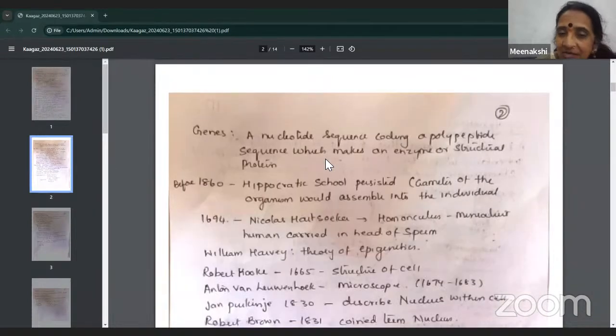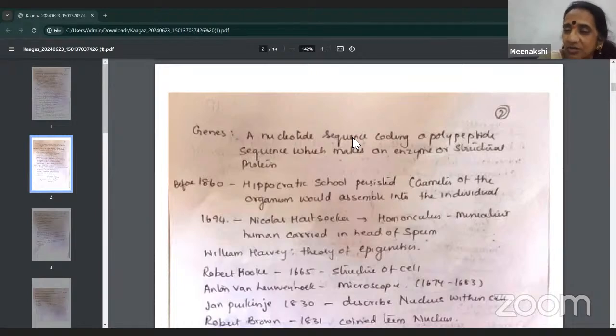What are genes? Genes are the nucleotide sequence that are coding for a polypeptide sequence, which makes an enzyme or a structural protein. That small unit is called a gene. A gene is nothing but a nucleotide sequence.